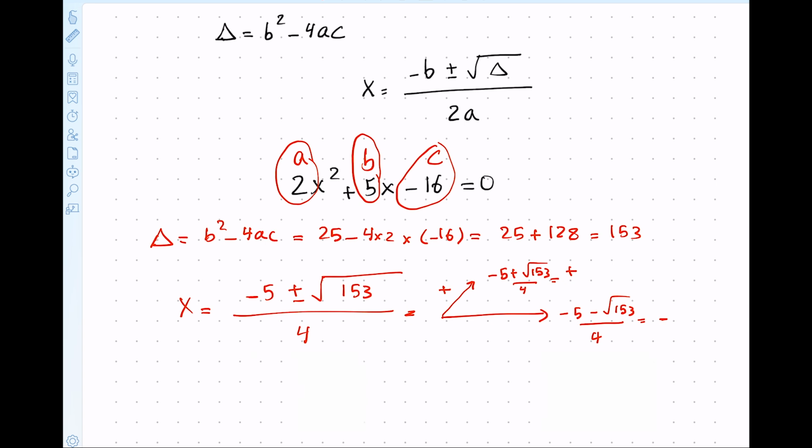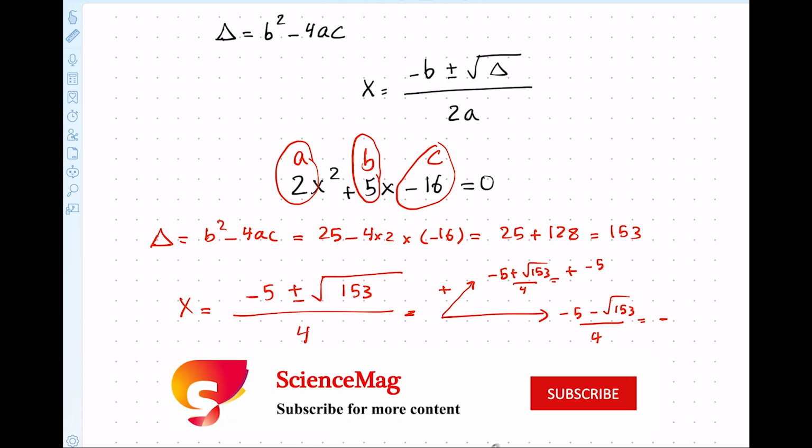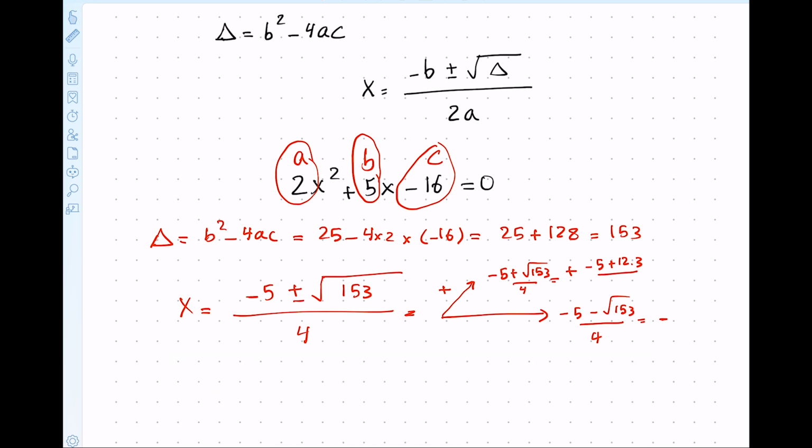So what I have here is negative 5 plus 12.3 divided by 4. And then what I have here is negative 5 minus 12.3 divided by 4. All right, so this one is 1.8. And the other one, negative 4.3.